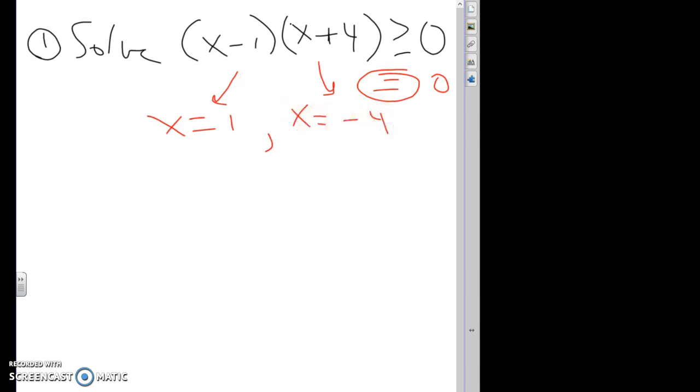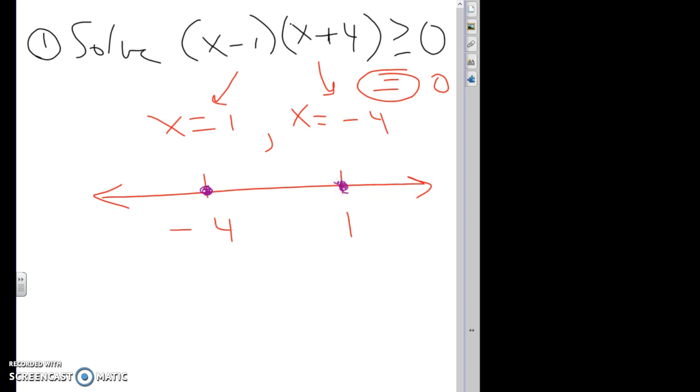Now, if you follow your handout, we're going to put these two numbers on the number line in the right order. So negative 4 would be to the left and 1 would be to the right. Since I had or equal to, these are going to get solid dots, closed circles.